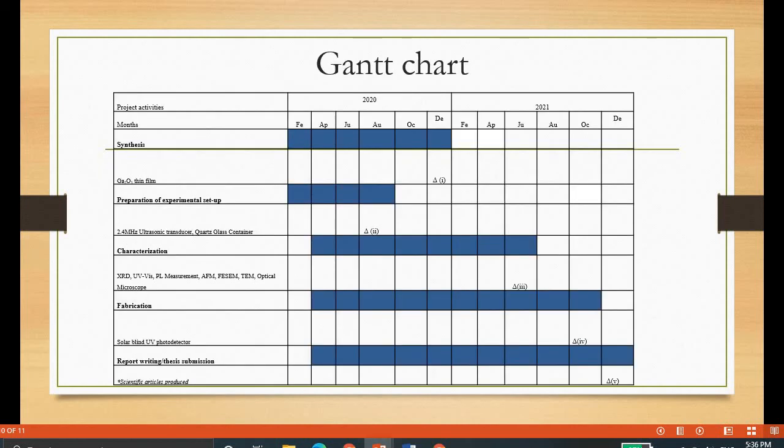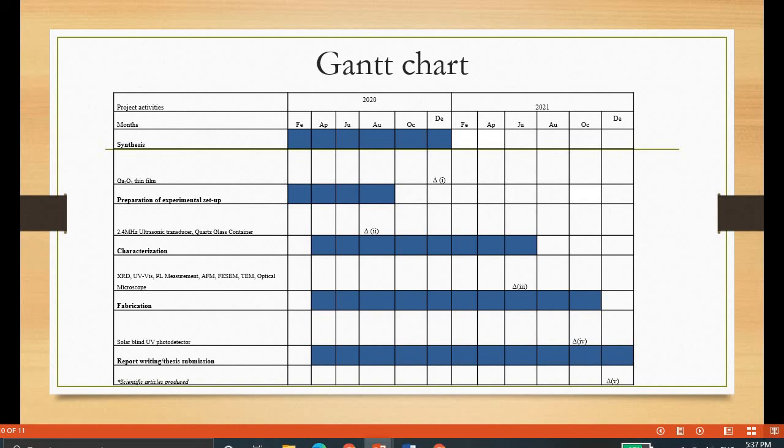So this is my Gantt chart. For the project activities, I will be involved in the synthesis of the gallium oxide thin film and also the preparation of my experimental setup. I'm currently still waiting for the 2.4 megahertz ultrasonic transducer and also a better quartz glass container in order to observe the internal condition of my mist-CVD.